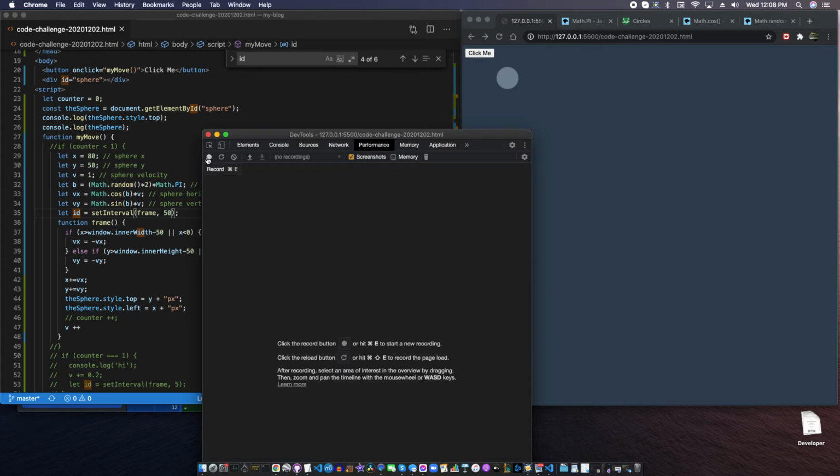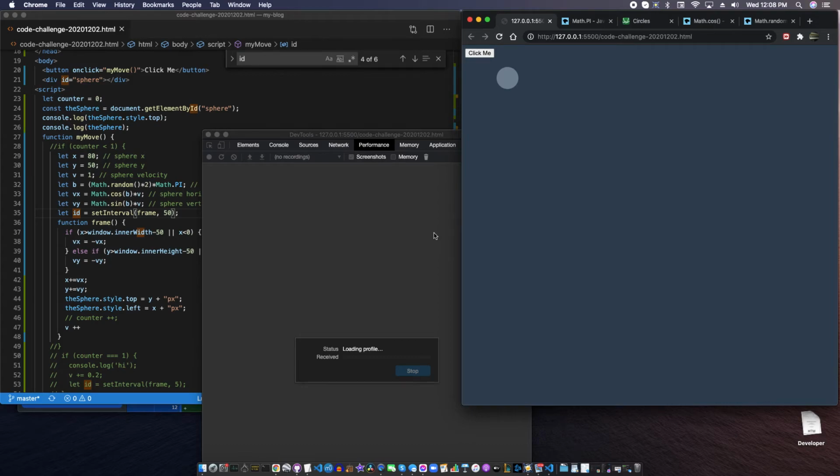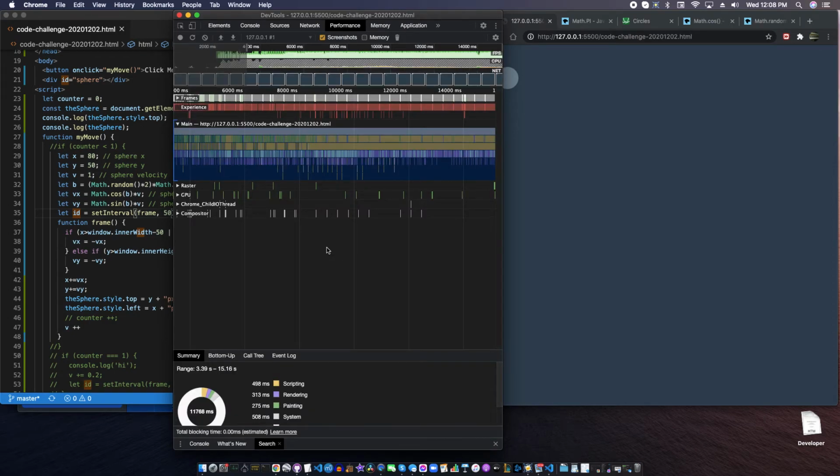Performance. It's taking a while to load.